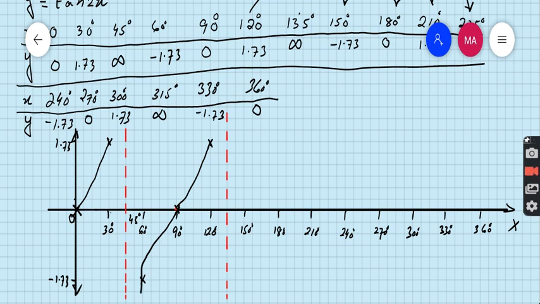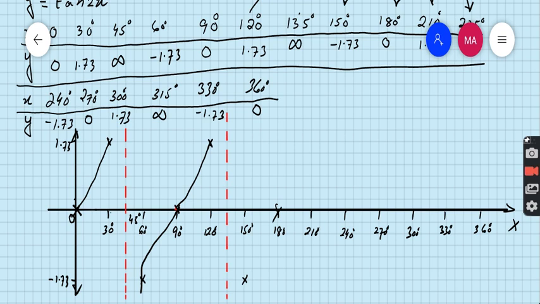Check this. Again this black line and this red line cannot meet at any point because they are asymptotes. Okay. At 150 the value is minus 1.73. At 180 the value is 0.